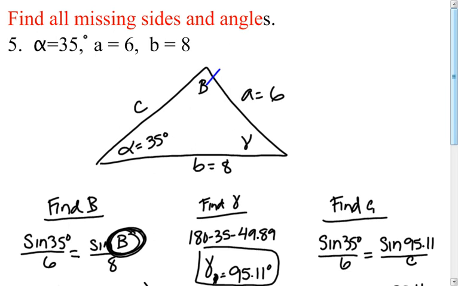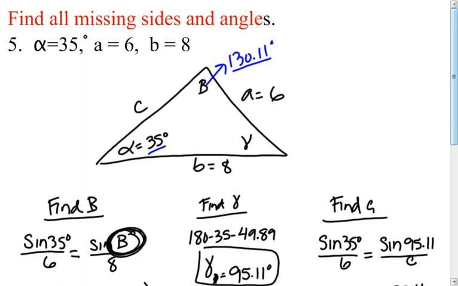Can this angle right here, instead of being 49.89, be 130.11 and still fit in there, remembering that there's only 180 degrees in a triangle? If I add this 130.11 and this 35 together, I am still less than 180 degrees. So I am still able to find a second triangle.